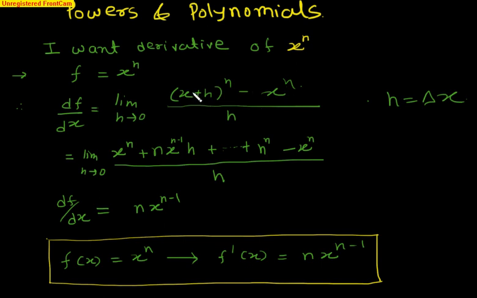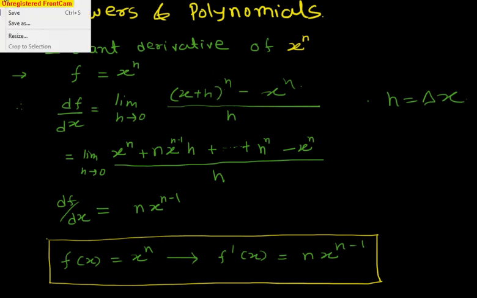The only thing we need to do is expand this (x plus h) whole raised to n. It can be done by using the binomial theorem. I will take a new window.